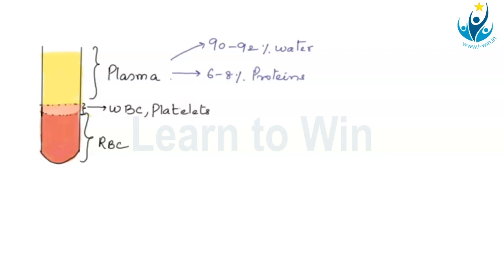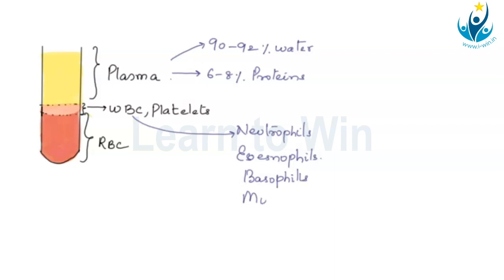The formed elements or the cells that we have seen: you have the WBC, the platelets, you have the RBC, and in the WBC you have many other forms of cells, like neutrophils, eosinophils, basophils, and then you have the monocytes and lymphocytes.